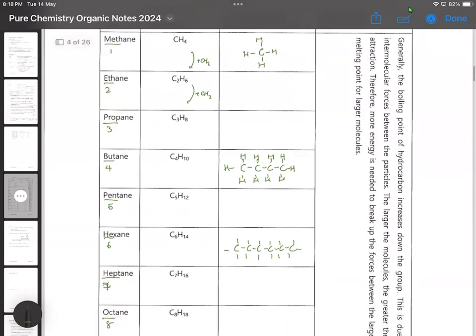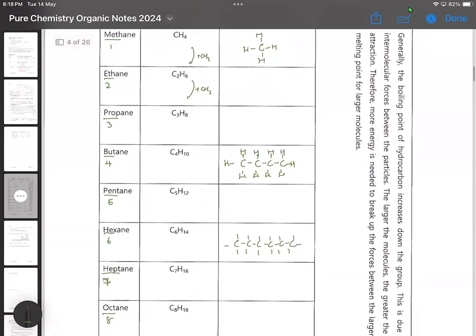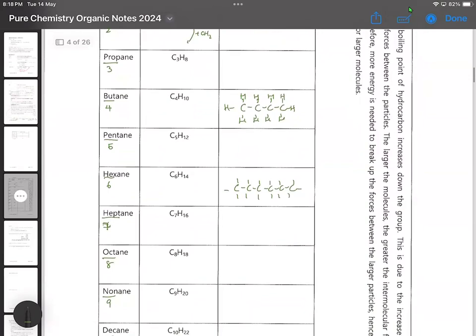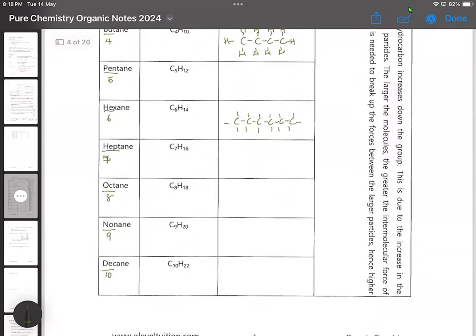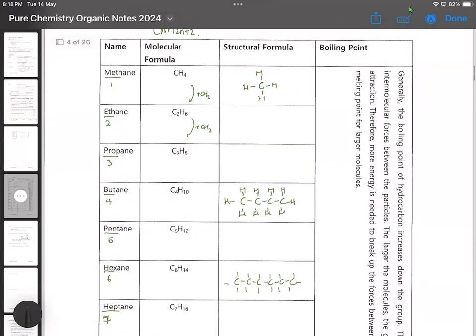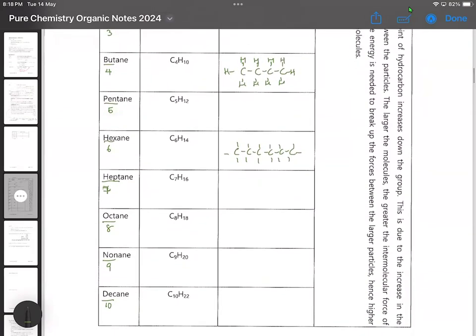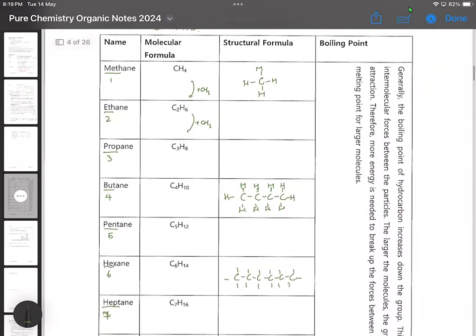But I need you all to look at the concept of boiling point. Over here, I explained that the boiling point increases down the group. Why is it so? It's due to the increase in the intermolecular forces between the particles. Because the larger the molecule, the greater the intermolecular forces of attraction.